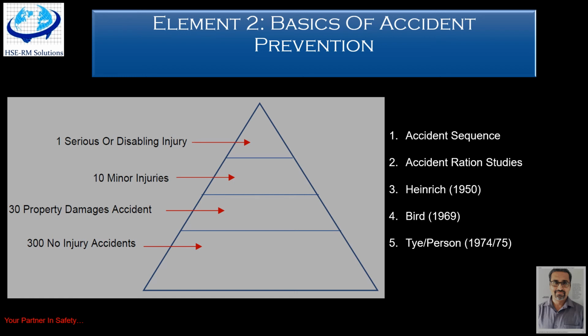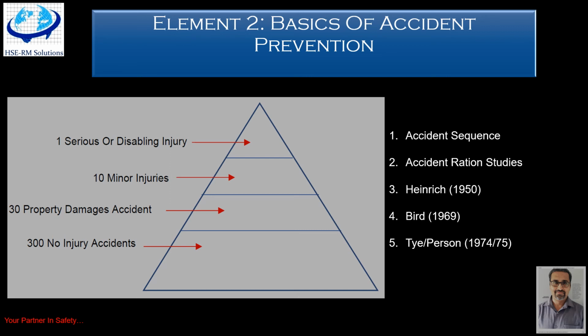The analysis by F.E. Bird derived 600 incidents with no possible injuries or damages, 30 property damages, 10 minor injuries, and 1 serious injury. So this was a simple pyramid he derived.